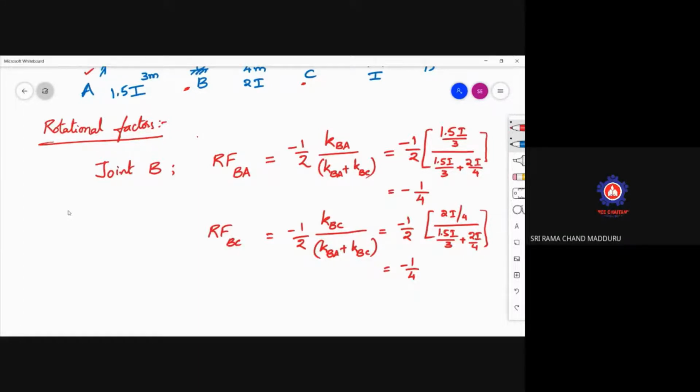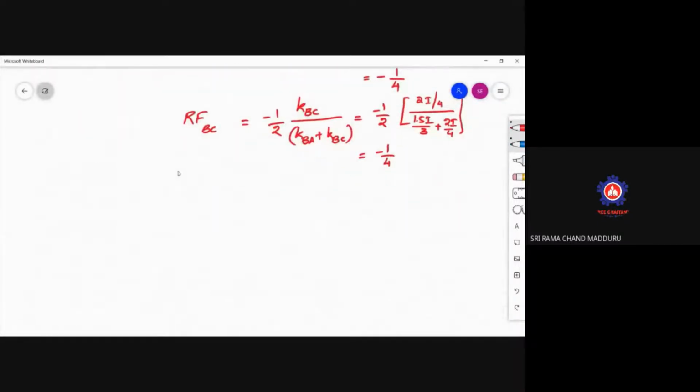Now similarly, calculate at joint C also. At joint C, RFCB is equal to minus half of KCB by KCB plus KCD.